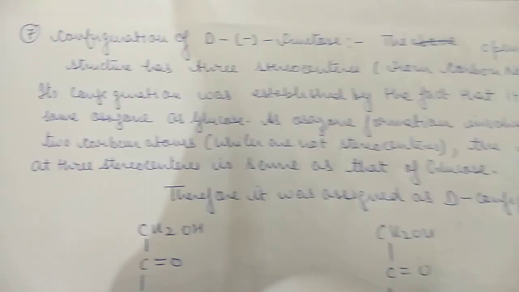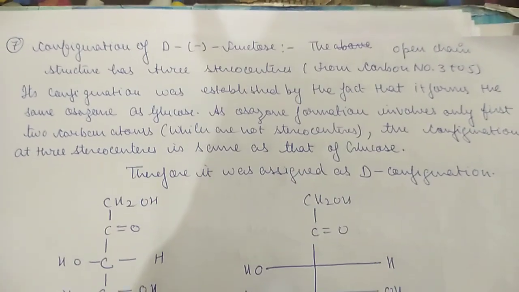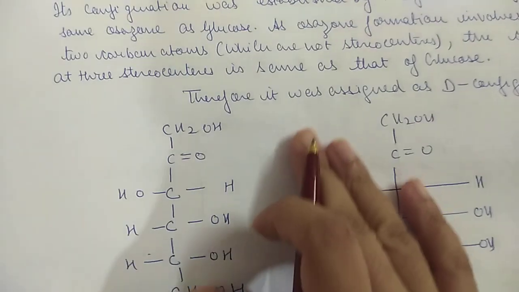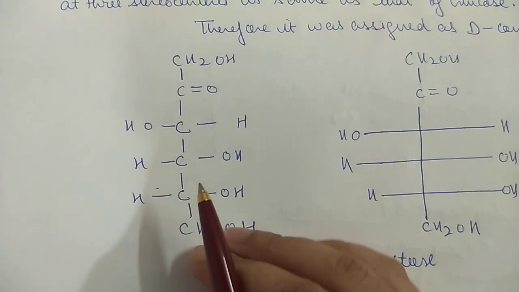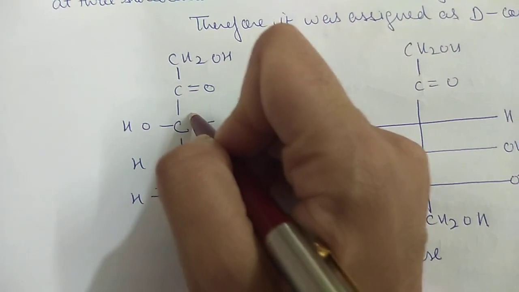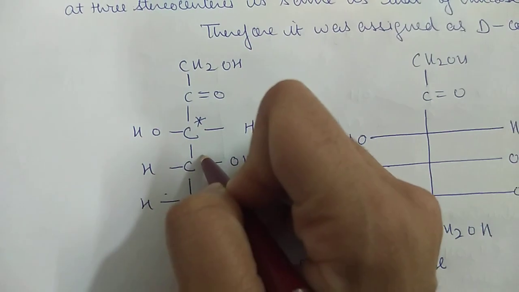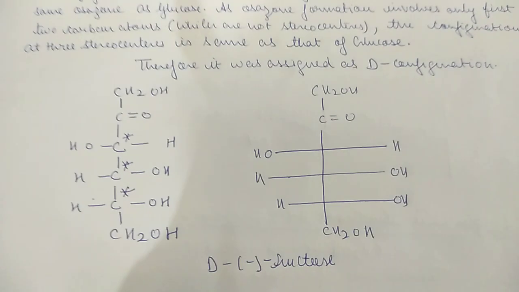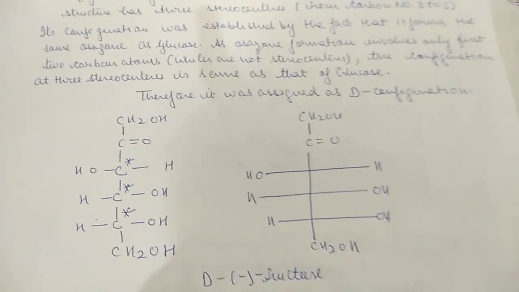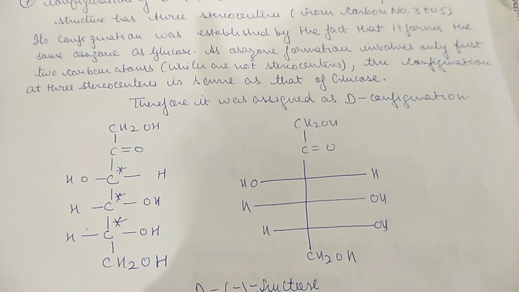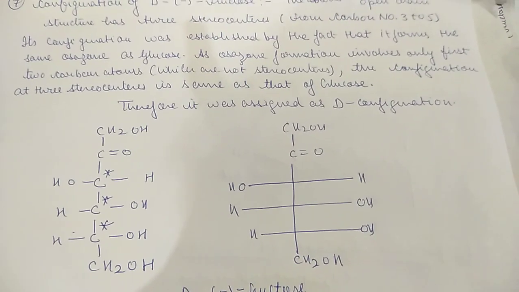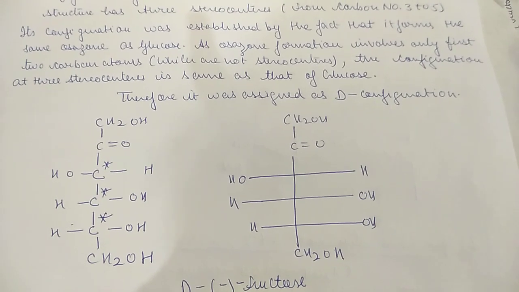Then next is the configuration of D-fructose, how it was established. Now the open chain structure has three stereo centers, from carbon number 3 to 5. These are 3, 4 and 5, three chiral carbons. Its configuration was established by the fact that it forms the same osazone as glucose.